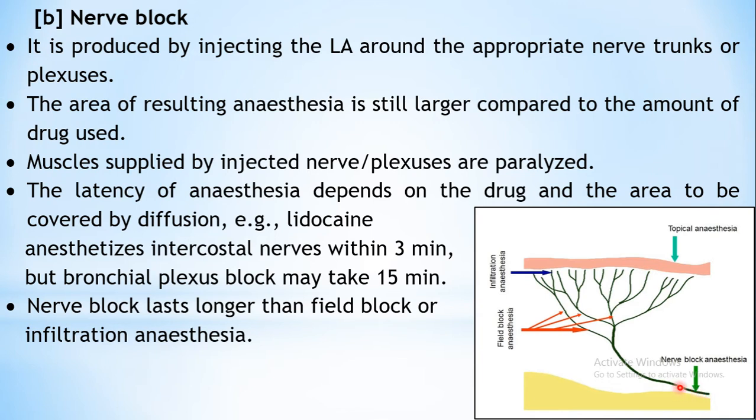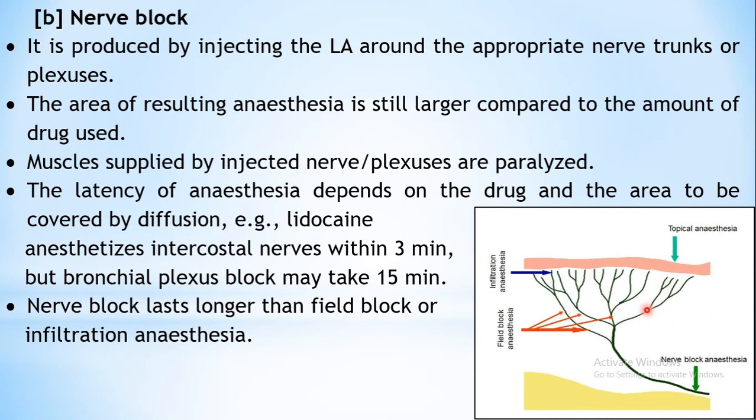So it is identified where the plexus or the trunk is originating, and the local anesthetic is injected around that particular nerve trunk or plexus. Wherever this nerve trunk or plexus is supplying, the area is comparatively larger, right? So a larger field will be anesthetized over here.